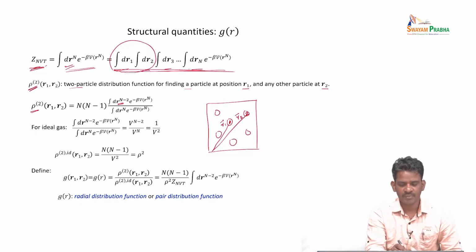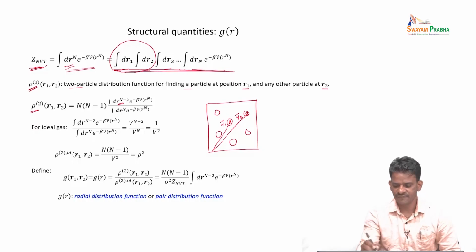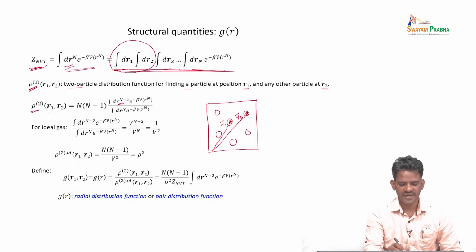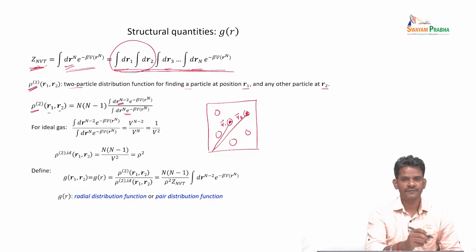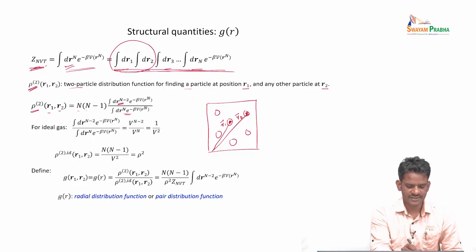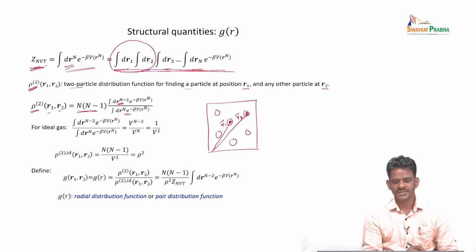I am doing it over only n minus 2 particles because the 2 particles are already fixed at a certain distance, that is as a function of r1 and r2, and then divide by the total integral, that is the configurational integral. This ratio will give you the distribution function for fixing 2 particles at a given distance. And you also see that there is a factor of n times n minus 1. This is because these particles are indistinguishable. I have the choice of choosing the first particle out of n particles.